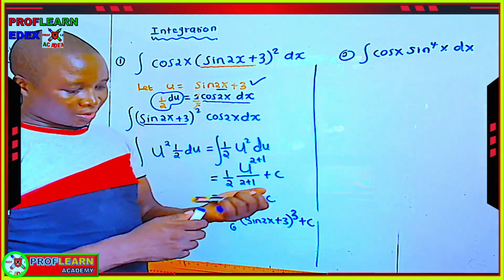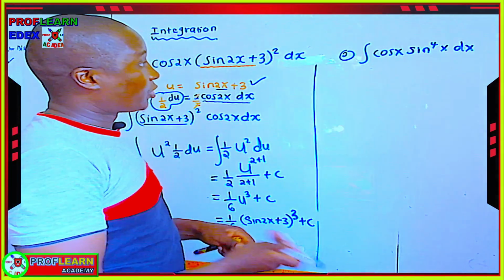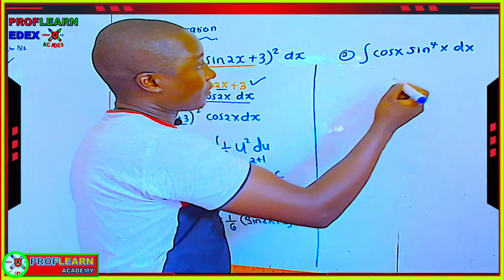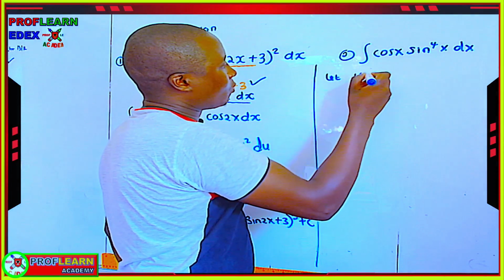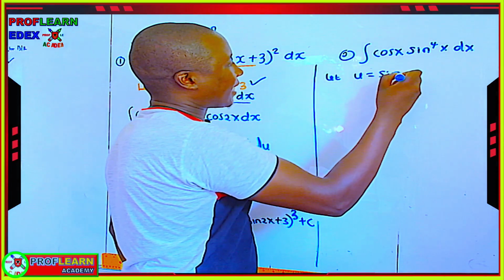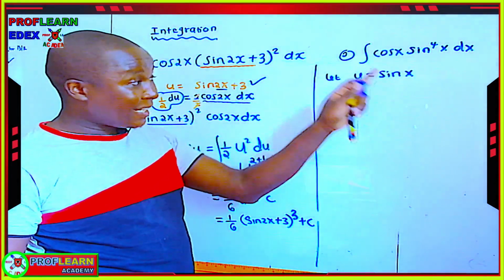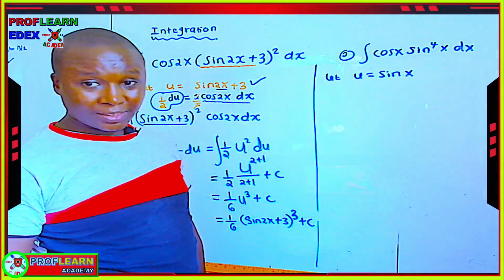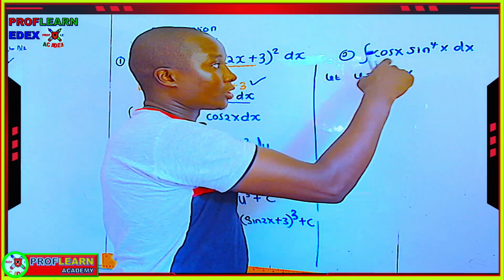Okay, we have this one here, and this one we are going to also use substitution, because you can see, if I let u be equal to sine x, what am I going to have? If I differentiate, I'll have the cos, which is here.